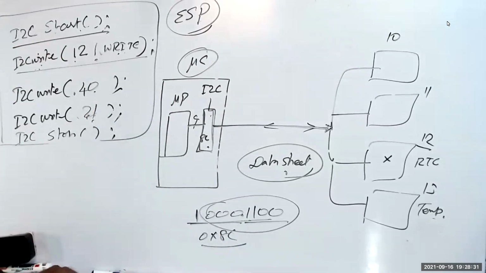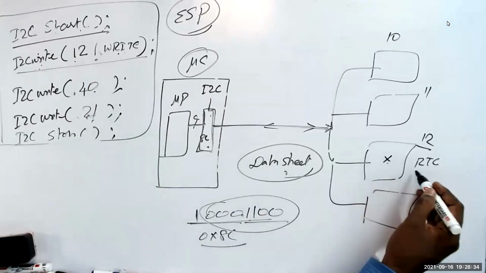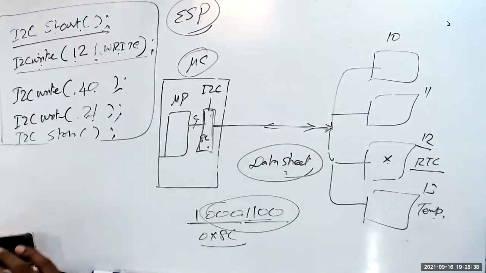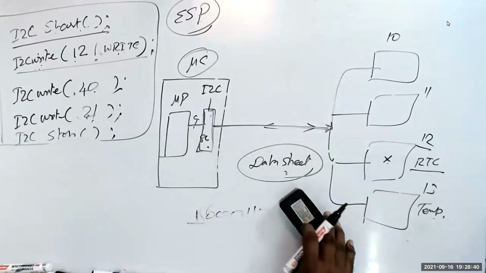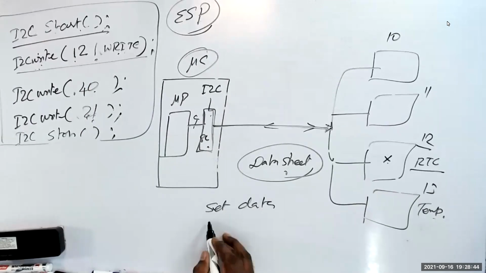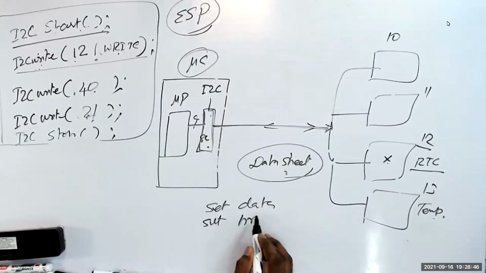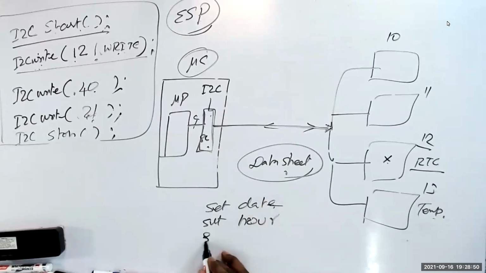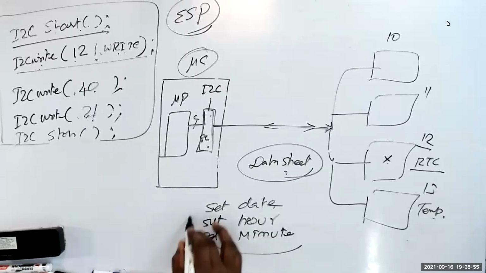But this is only that. Now, for example, if it is RTC, you want to write the time, you want to set the time. To set time, you will be setting the date, the hour, the minutes. That you set it in your clock now.